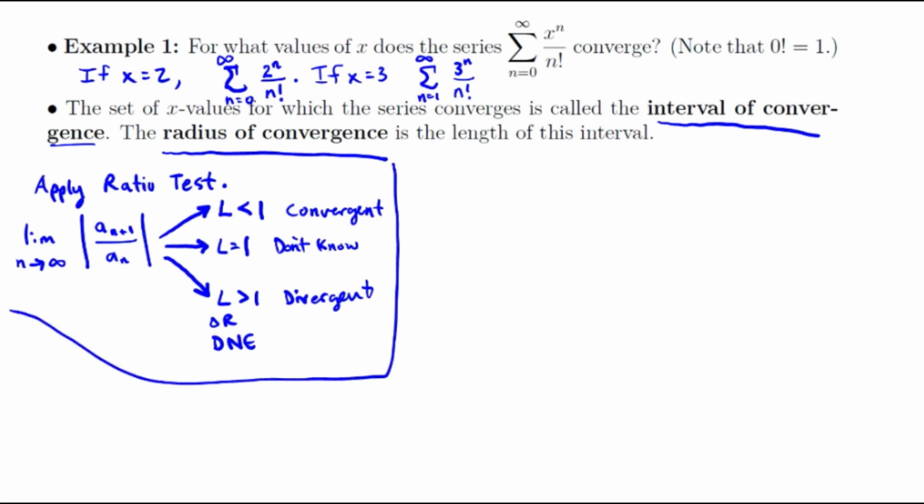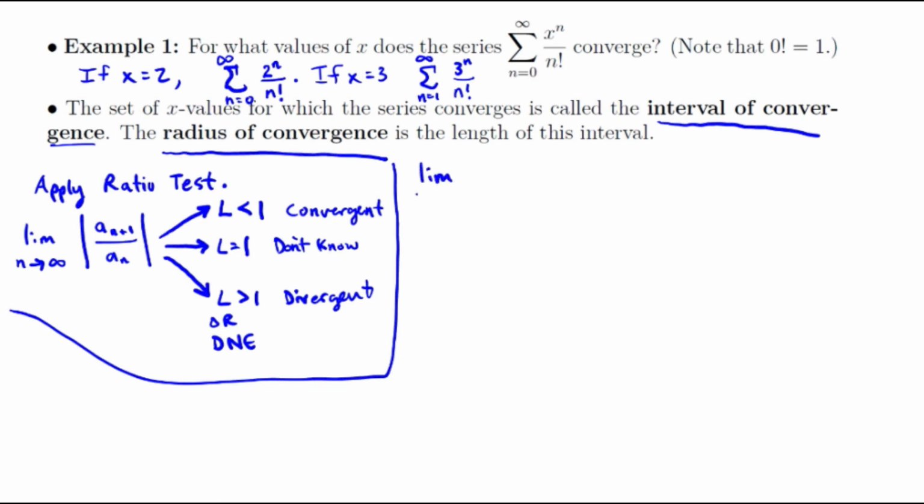So if I'm interested in finding when this is convergent, then applying the ratio test might make sense, because I'm going to have this expression that involves x, and maybe I'll be able to look at it and see for what values of x I'm going to get a limit that's less than 1. All right, so let's set this up.